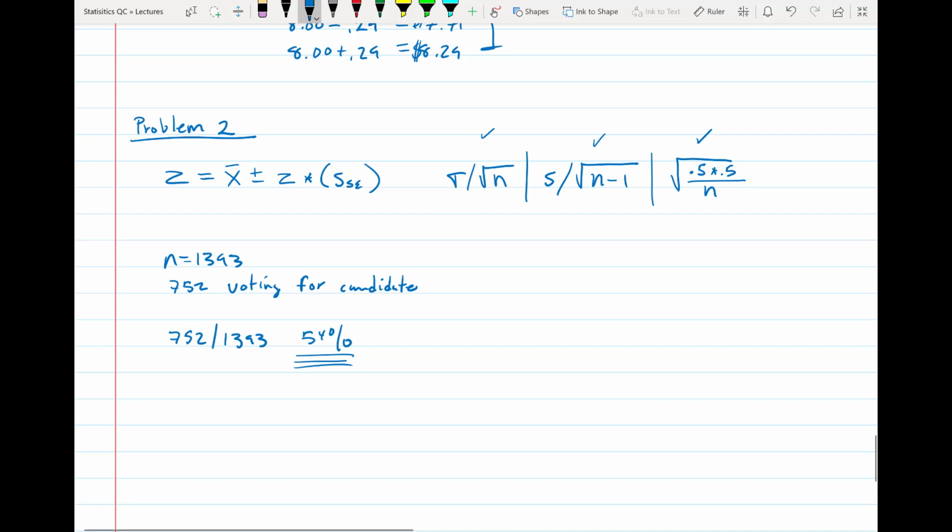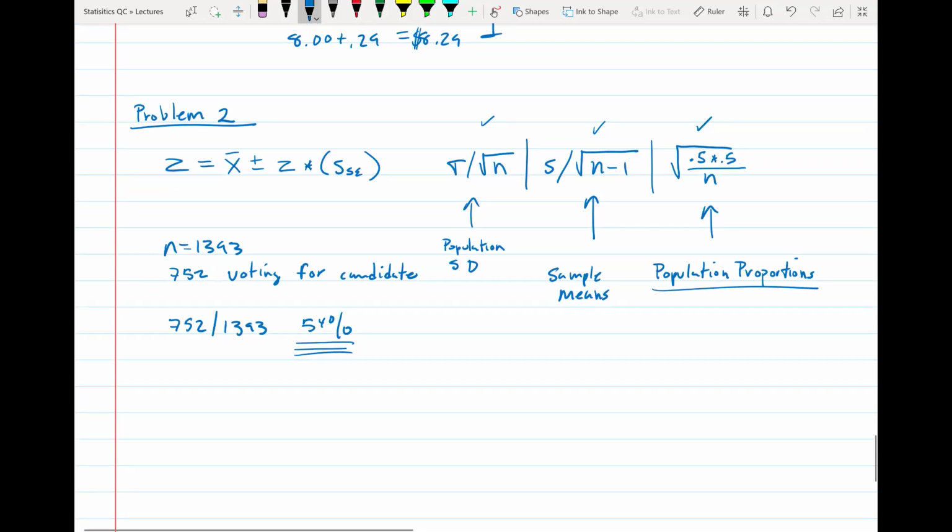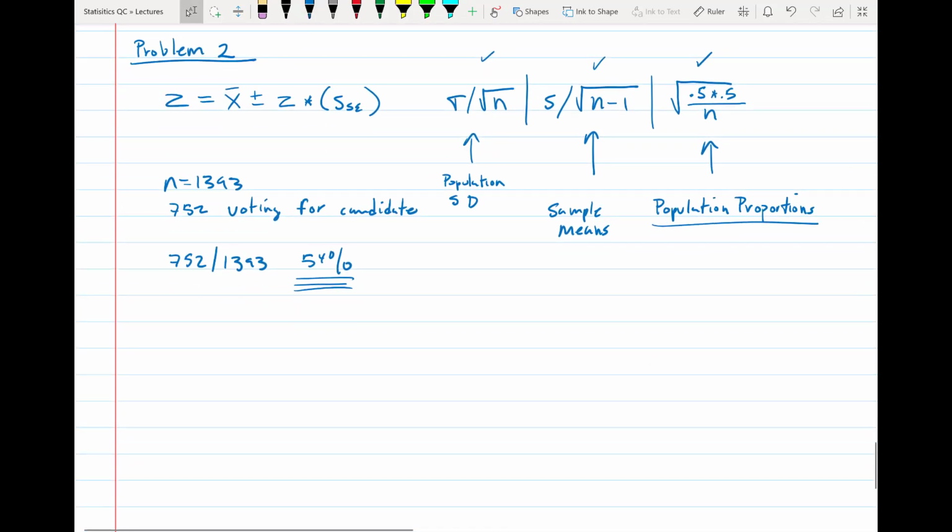It's also a bit easier because we don't have to do an intermediate calculation. But at any rate, we're going to use this formula here for population proportion problems. Okay? So we'll use this for sample means, and we'll use this one here in the unlikely event that we have a population standard deviation.